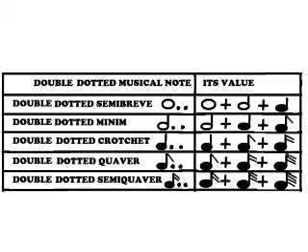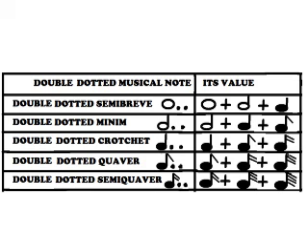In this case, you are adding half of the value of the second note. If I have a semibreve as 4 seconds, a minim as 2 seconds, and a crotchet as 1 second, it means that if I put a double dot on a semibreve, the first dot will give me half of a semibreve, which is a minim.